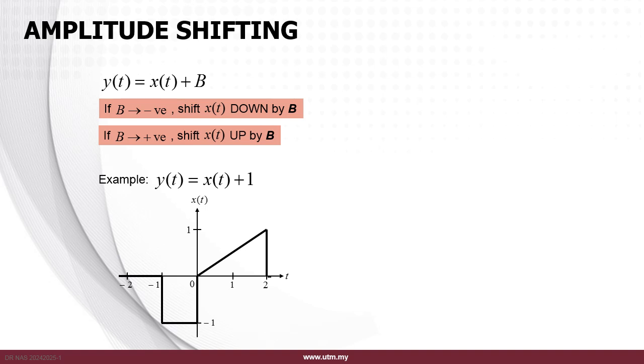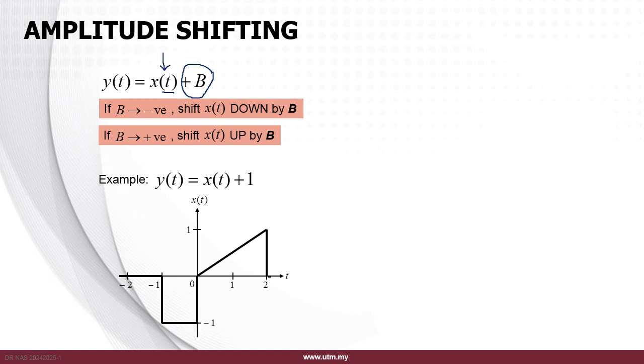Okay, let's look at what happens when you have amplitude shift. When you compare with the general equation, you can see there are no additional variables inside the bracket. There is only an additional plus B outside the bracket, meaning that the signal will be shifted up by B in amplitude. Okay, there are no changes on t.